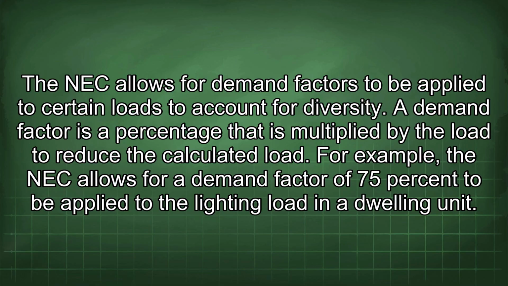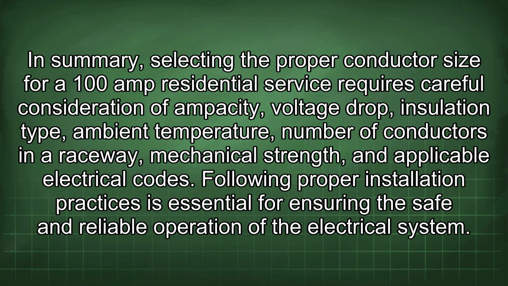For example, the NEC allows for a demand factor of 75% to be applied to the lighting load in a dwelling unit. In summary, selecting the proper conductor size for a 100 amp residential service requires careful consideration of ampacity, voltage drop, insulation type, ambient temperature, number of conductors in a raceway, mechanical strength, and applicable electrical codes.